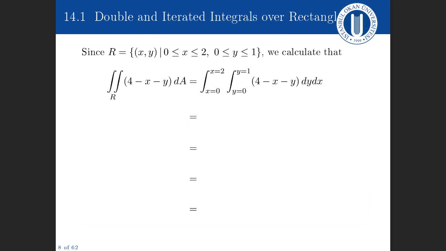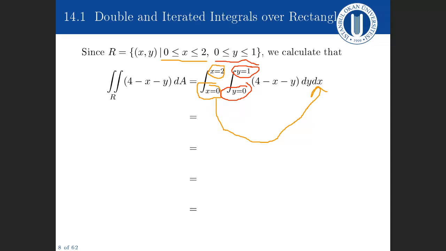Now, we know that x goes between 0 and 2, so we're going to be integrating between x is 0 and x is equal to 2. And to pair with that, we're going to put a dx on the end. And we're going to be integrating between y is 0 and y is 1, because in our rectangle, y goes between 0 and 1.